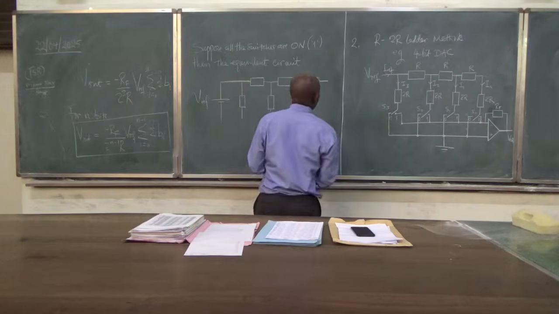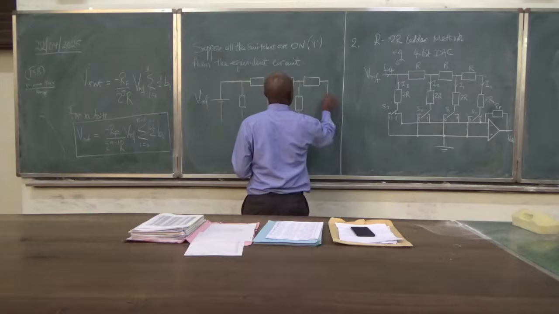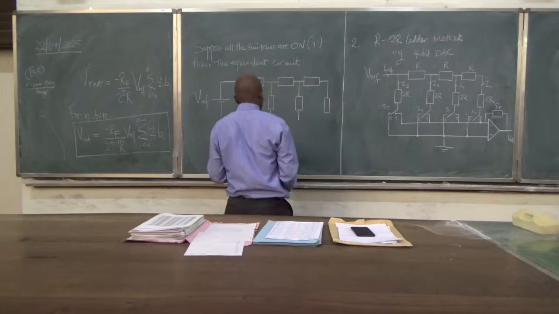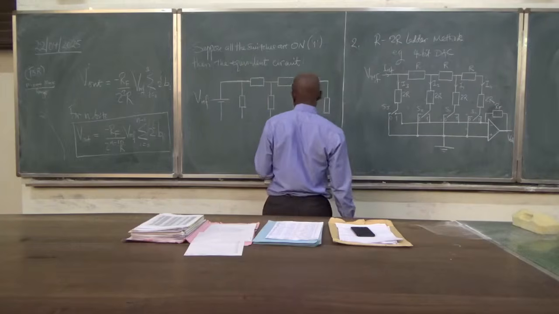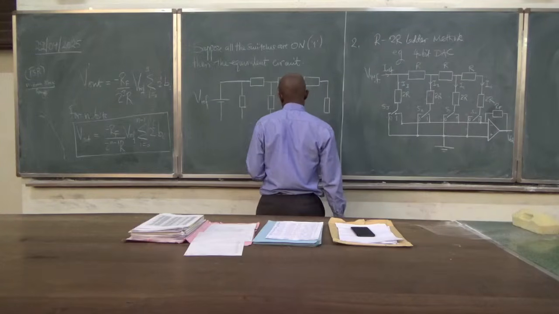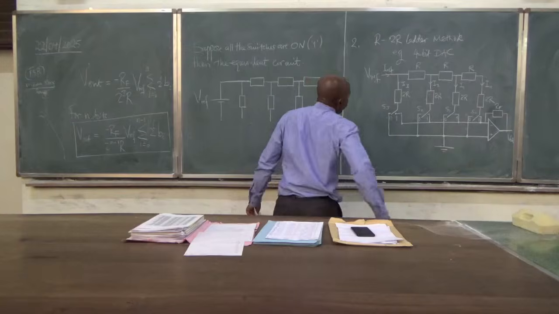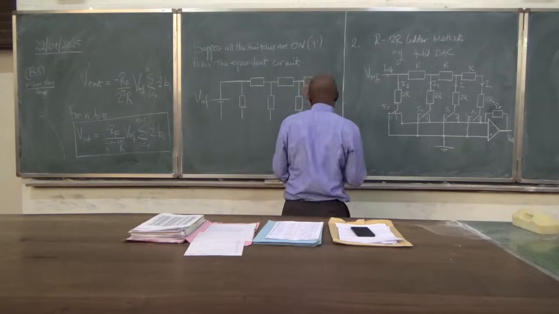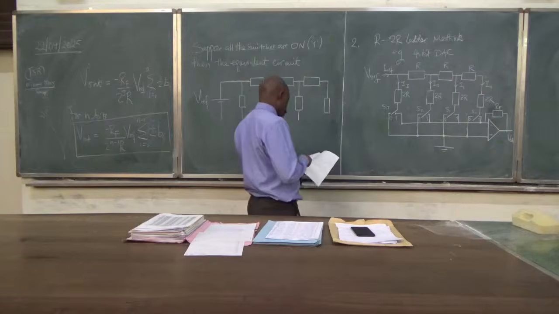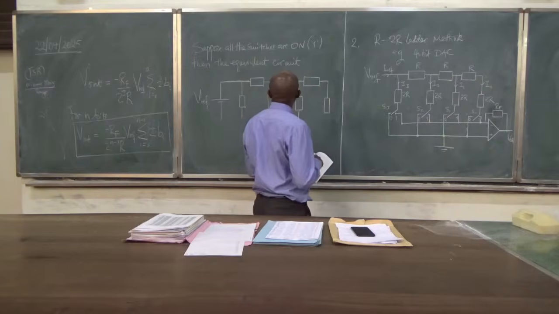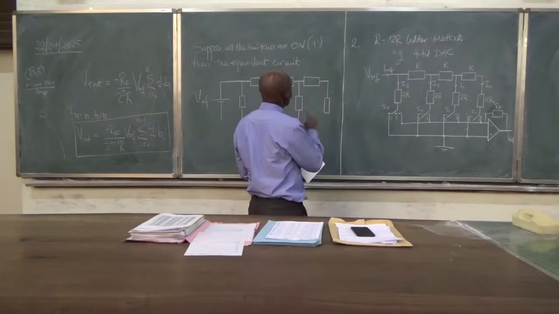And then there is an arrow here. And if you look closely, I am seeing this is 1, 2, 3, 4, 5. 1, 2, 3, 4.